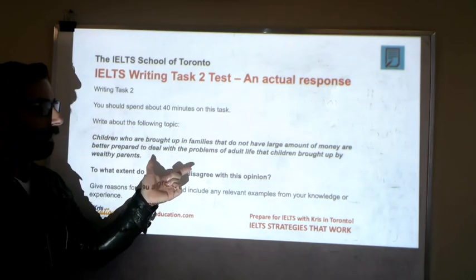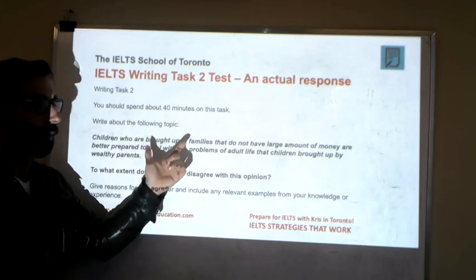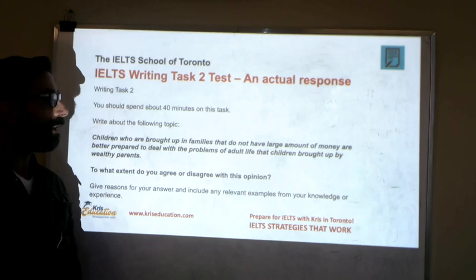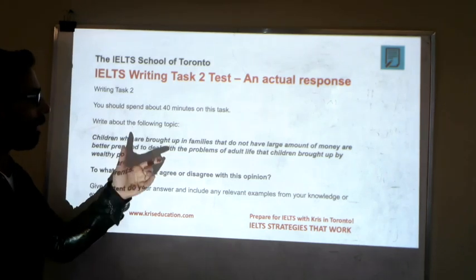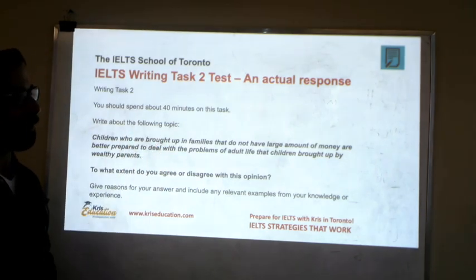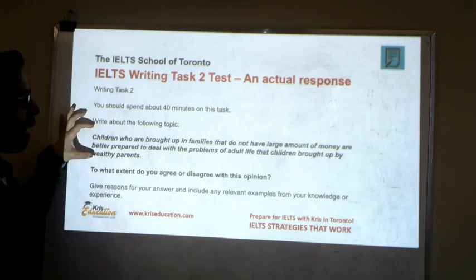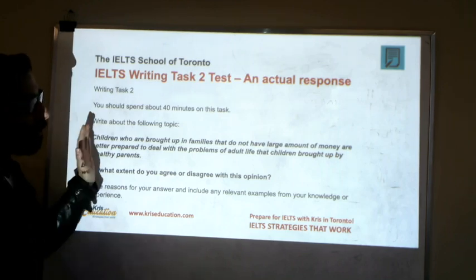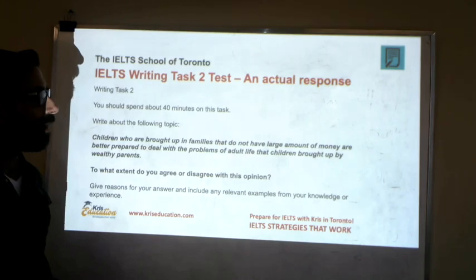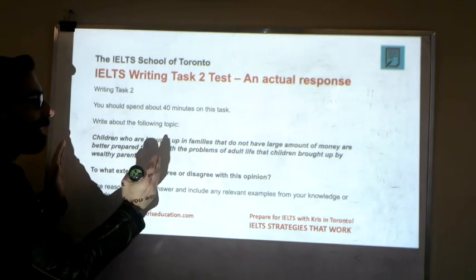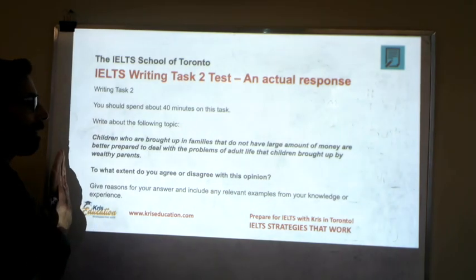Once you read the essay topic that the IELTS gives you, it is a very good idea to turn this into a question. So, if IELTS gives you a statement, you turn that into a question. When you turn that into a question, do not add new words. All you need to do is change the position.